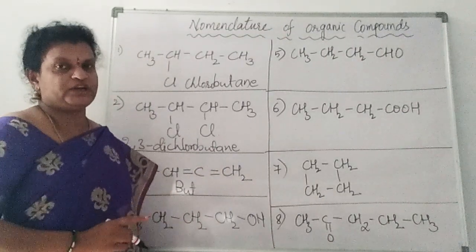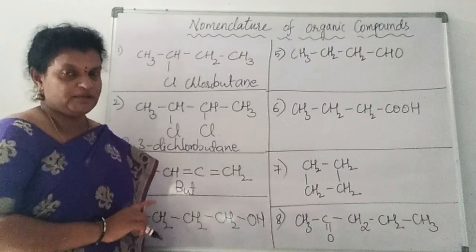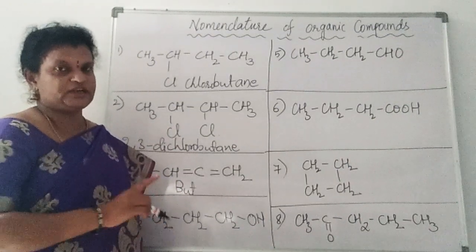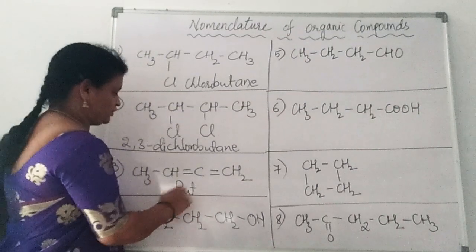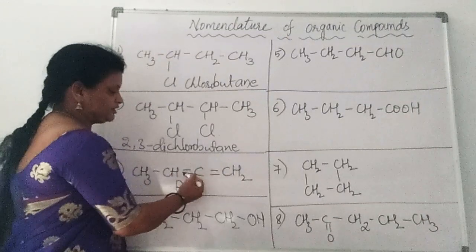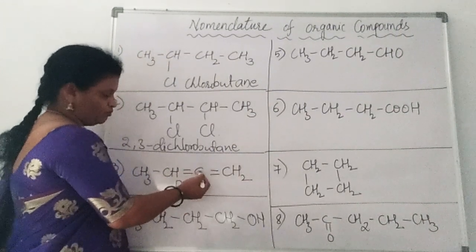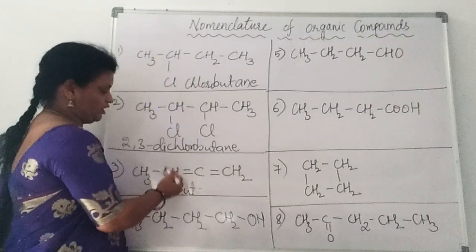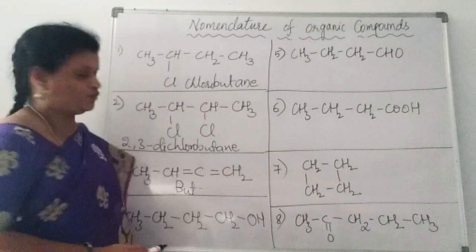So there again we have to write the number prefix on which carbon that double bonds are there, and also numerical prefix. So what is that? Di. Because here 2 times this double bond is there. So but. From this side we start counting because double bonds are present nearer to this. If you start counting from here, we can write 1, 2. But from this side if you start counting, 2, 3. So 1 plus 2 becomes a 3. Least sum rule we have to follow here.